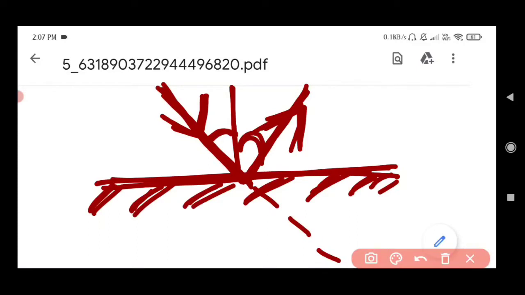But the condition is that the angle made by the incident light with the normal will be equal to the angle formed by the reflected ray with the normal. So one thing you need to remember is that the angle formed by the incident light ray with the normal will be equal to the angle formed by the reflected light ray with the normal.